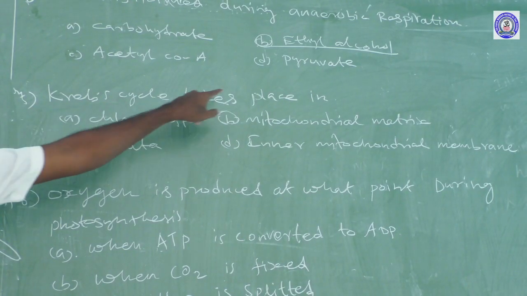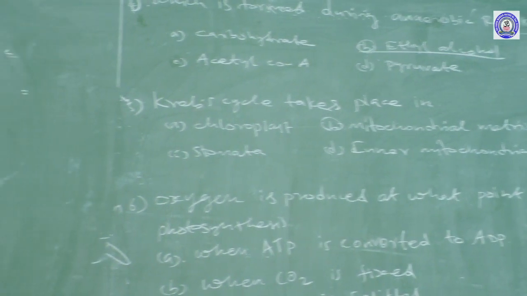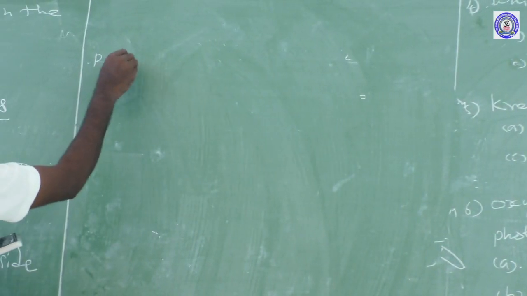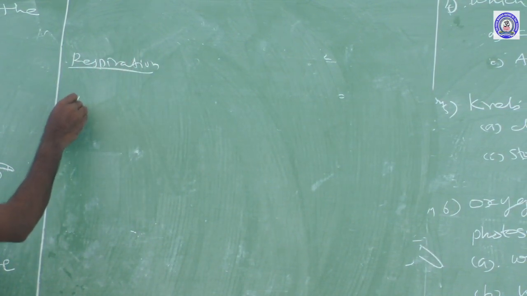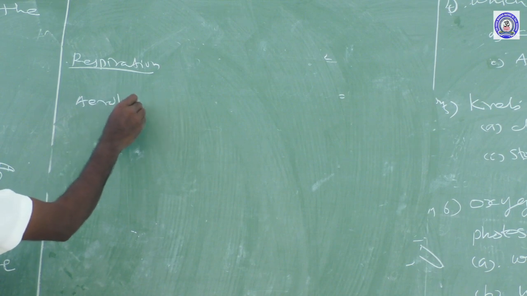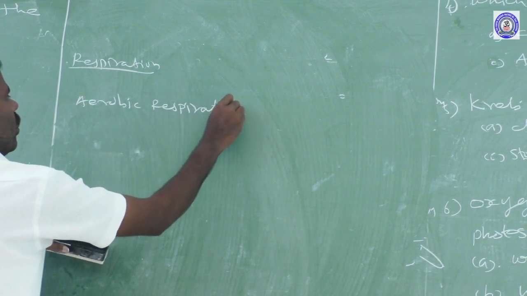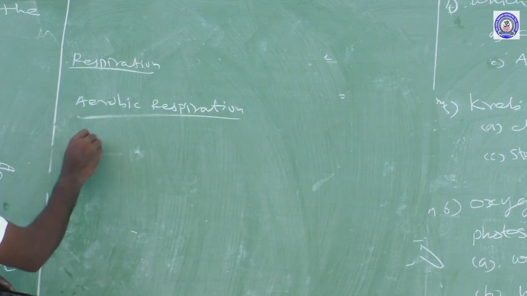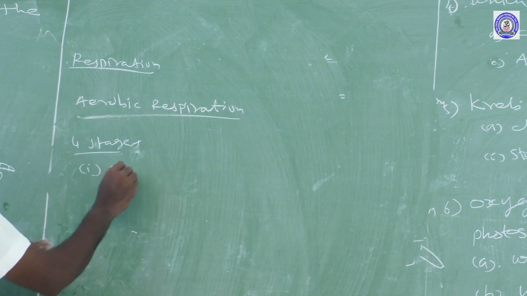Where does the Krebs cycle take place? The Krebs cycle takes place during the respiration process. Aerobic respiration involves 4 stages. The first stage is called glycolysis.